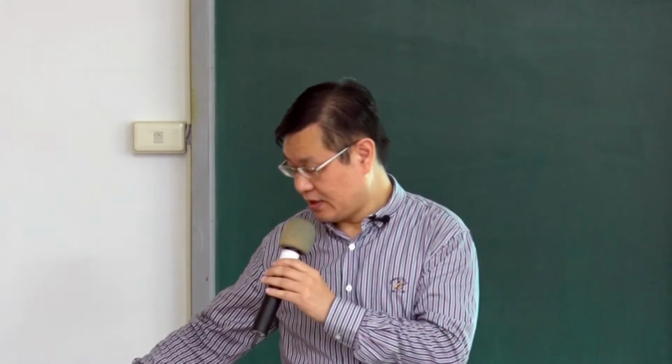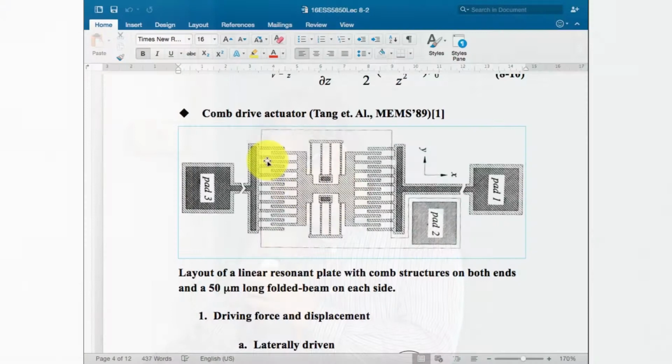The comb drive will be actuated when we apply voltage to one of the stators, so the comb will move toward that direction. When we take out the voltage and apply voltage on the other side, we can move toward the other side. So when we apply both of them alternately, they can move back and forth freely.